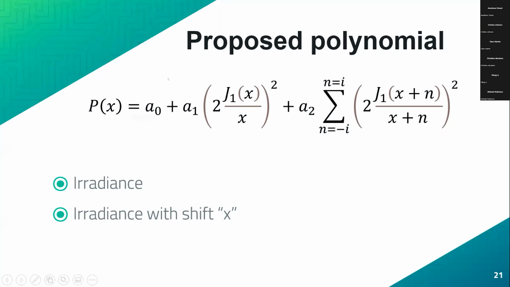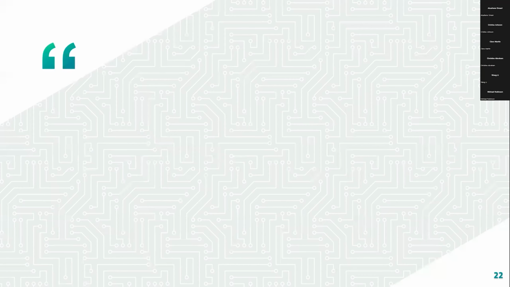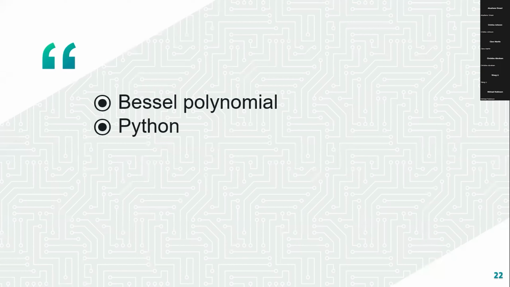Then we propose this polynomial in terms of the Bessel series for the irradiance, and x is the lateral position for every different point. When we use the polynomial, we use Python to simulate and to determine the Bessel coefficients.